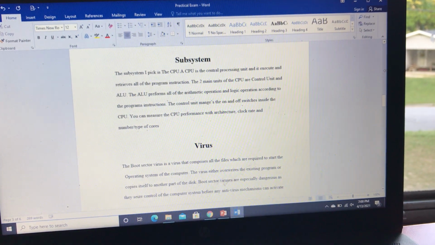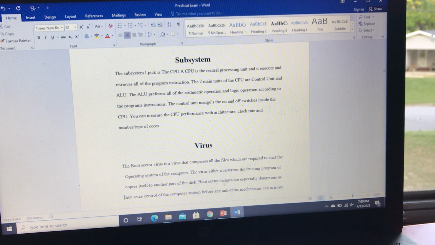Then we will be talking about the subsystem. The subsystem that I picked was a CPU. The CPU is a central processing unit that executes and retrieves all program instructions. The two main units of the CPU are the control unit and the ALU.